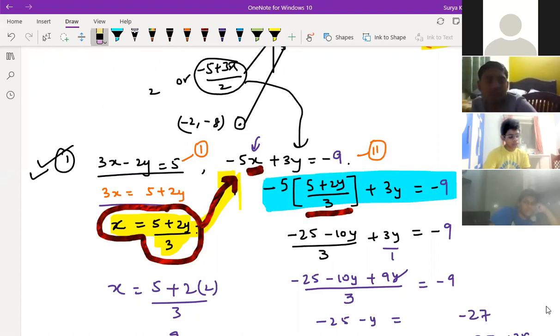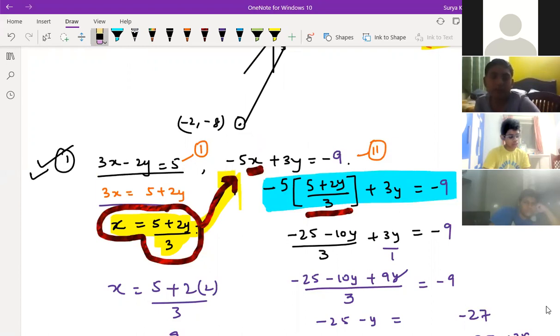But somehow only one variable, either x or y, only one. Because in one equation, if only one variable is there, then only we can find the answer. What if we have three equations? Three equations means three variables, but that is not there in class 10th or 11th.